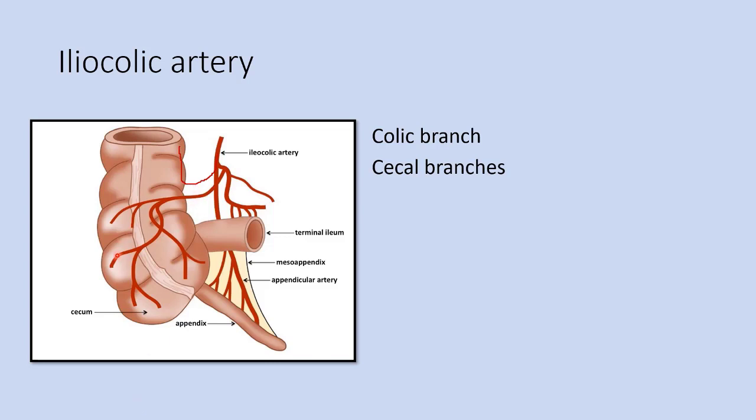Cecal branches. The cecum is supplied by cecal branches. There are two in number. One is anterior and posterior to the cecum. They are branches of ileocolic artery. And appendicular branch. So this is the appendicular artery which runs behind the terminal part of the ileum and within the mesoappendix and supplies appendix.